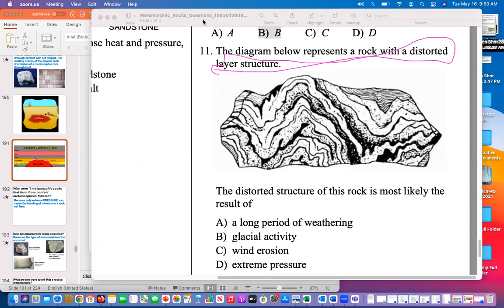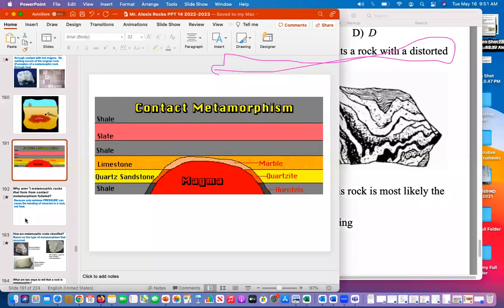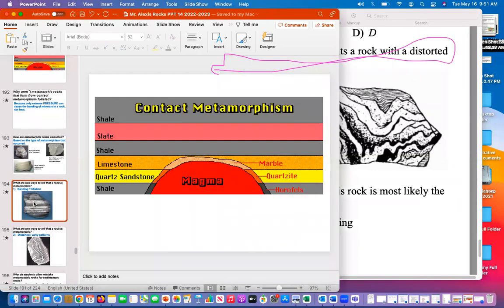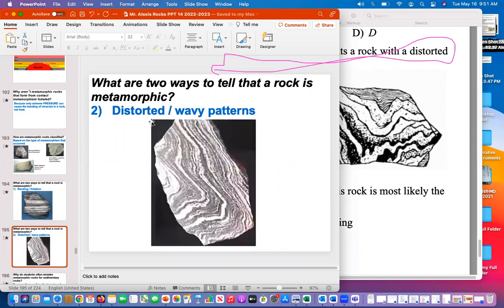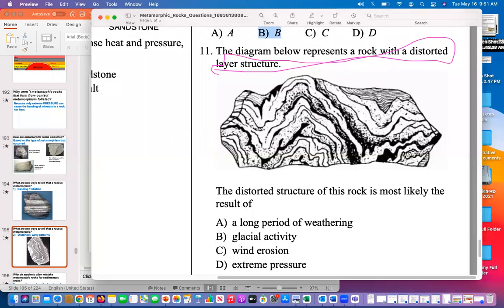In our notes, there are two ways that we can identify a metamorphic rock. If we see banding, foliation, which means you see the lining of minerals, or if you see distorted wavy patterns. So we know that this rock is a metamorphic rock.